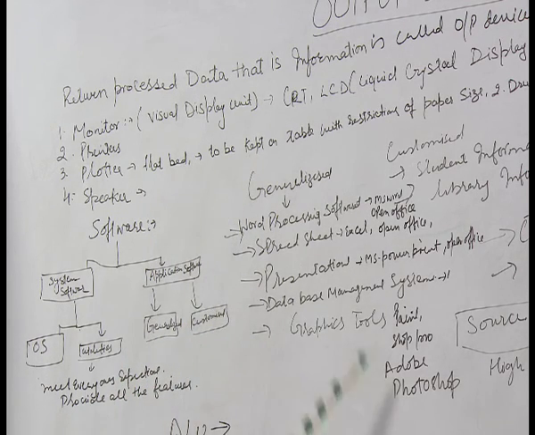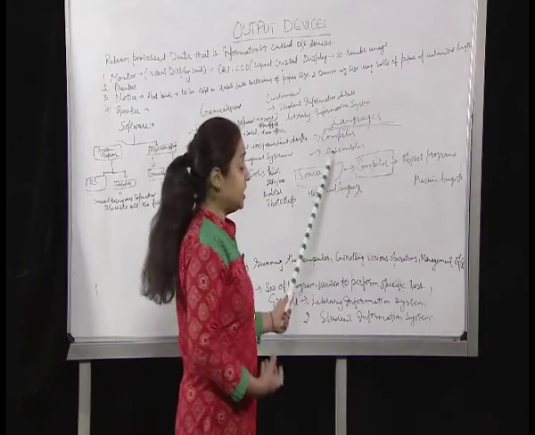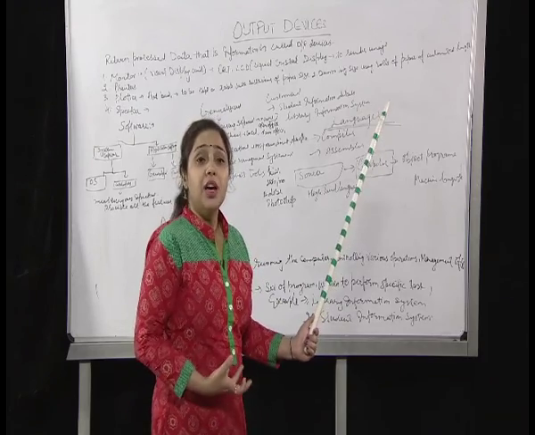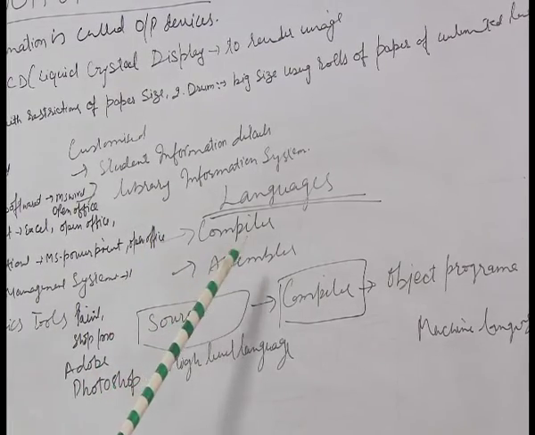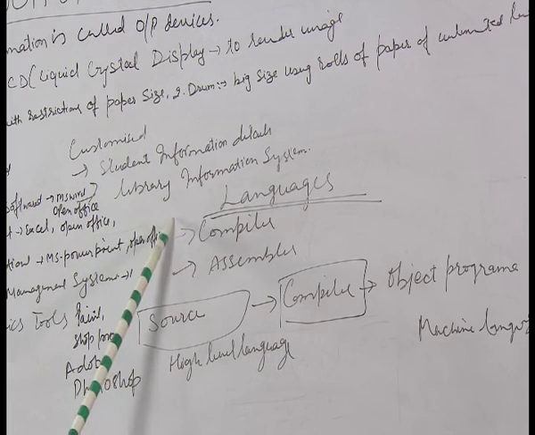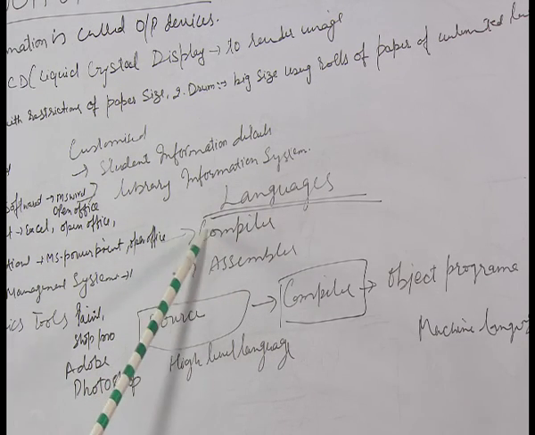Now we will come to languages. What are languages? We speak Hindi, we speak English, we speak French, we speak German. So these are languages. Computer has its own language, that is known as compiler and assembler. Now we are going to discuss these two terms.